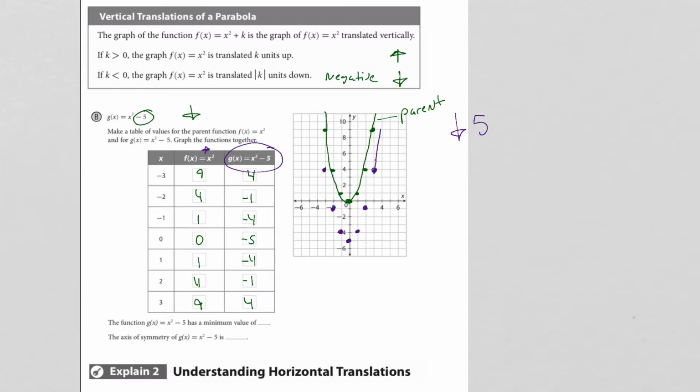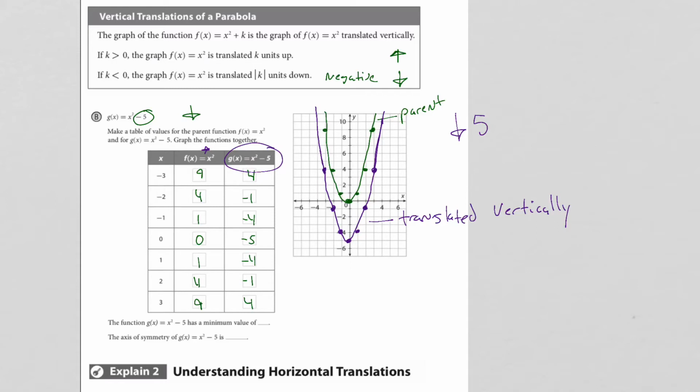And here is the translated parabola. The shape didn't change, right? We just moved it down, translated vertically. So it has a new minimum value.